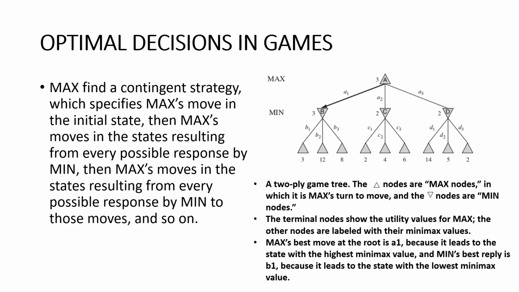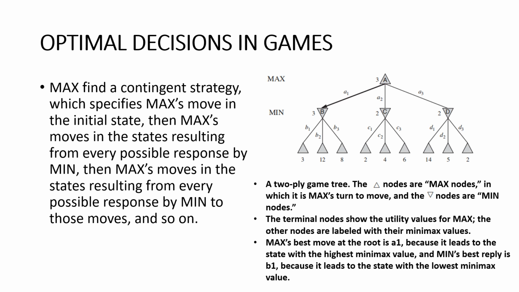In adversarial games, the goal is not just to make one good move, but to have a strategy for every possible opponent response. A contingent strategy is a complete plan that specifies what MAX will do in every possible situation. If MIN does this, then MAX does that, and if MIN does something else, then MAX responds differently, because they are opponents.